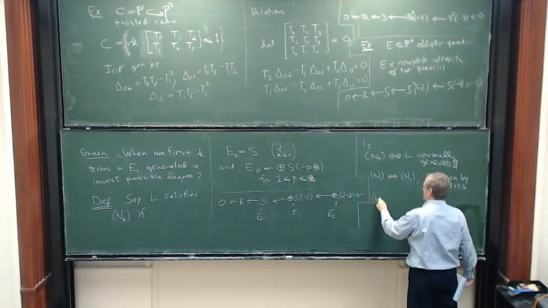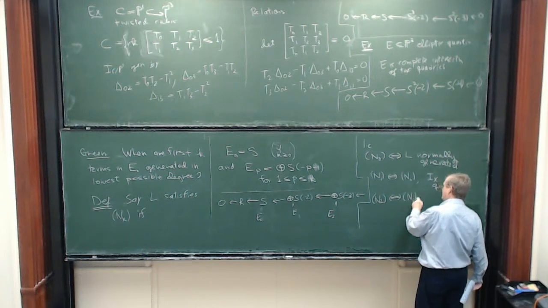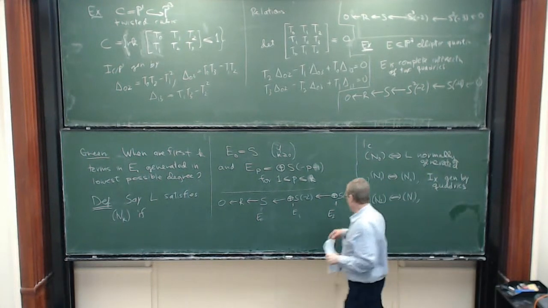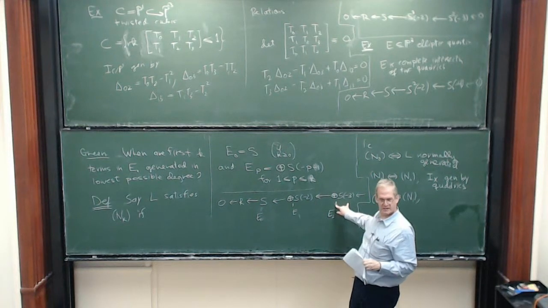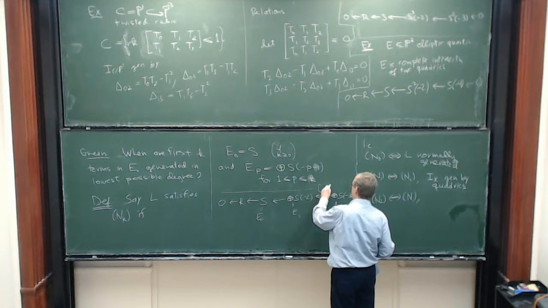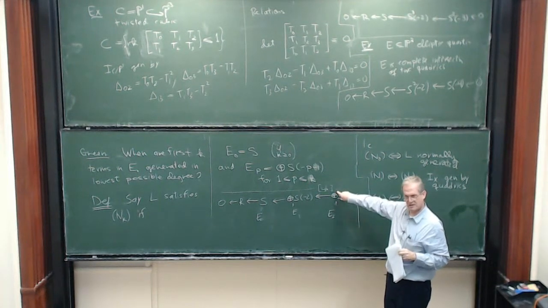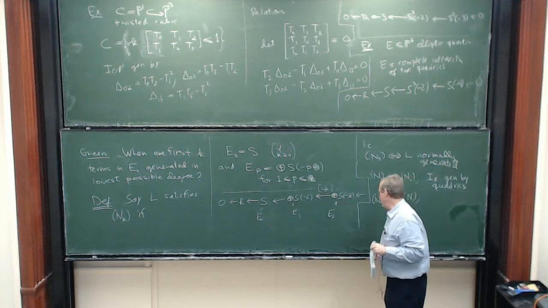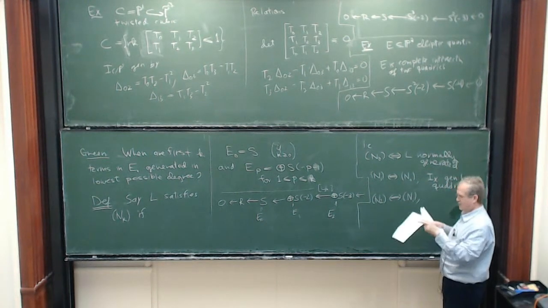What would N2 mean? Again, we're asking that the ideal be generated by quadrics. But the new thing in N2 is that this should be a direct sum of S(-3)s. So that means that all the terms in this matrix should be linear coefficients, L_{j alpha}. So this should be a matrix of linear polynomials. And what that means concretely is that the relations among the quadrics should have degree 1 coefficients.